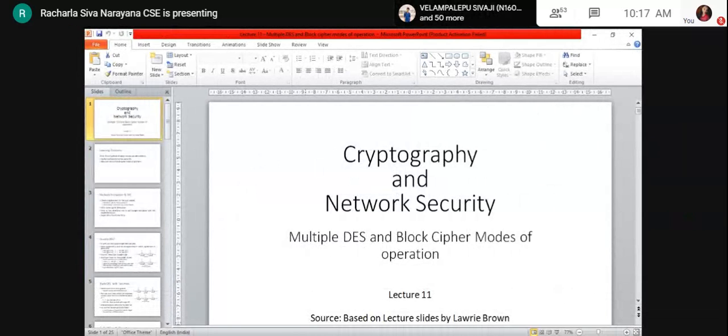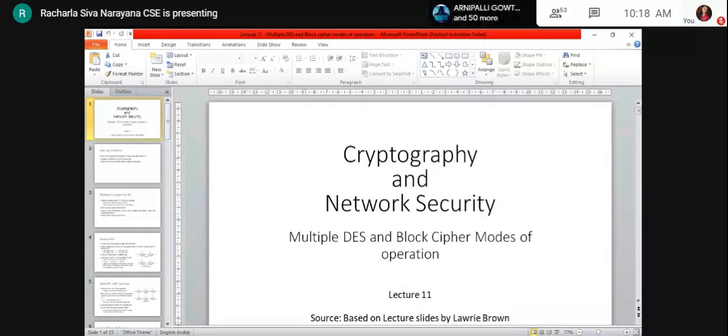Here you have discussed some cryptanalytic attacks performed on DES, those are differential cryptanalysis and linear cryptanalysis. To overcome those problems and to strengthen the DES algorithm, they modified DES and created multiple DES.